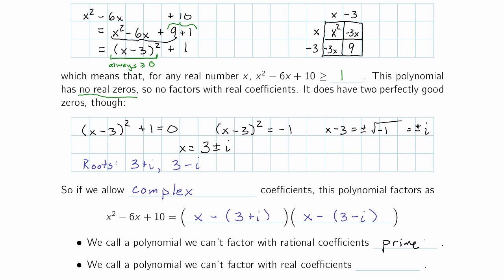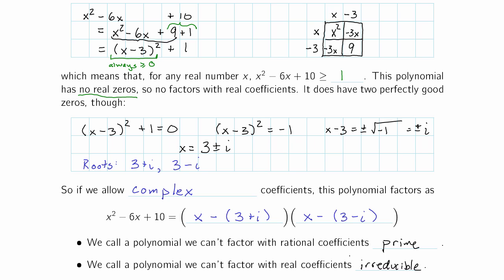But we saw in the last video that some prime polynomials can be factored if you let the coefficients be irrational. We call a polynomial that we can't factor with real coefficients irreducible.